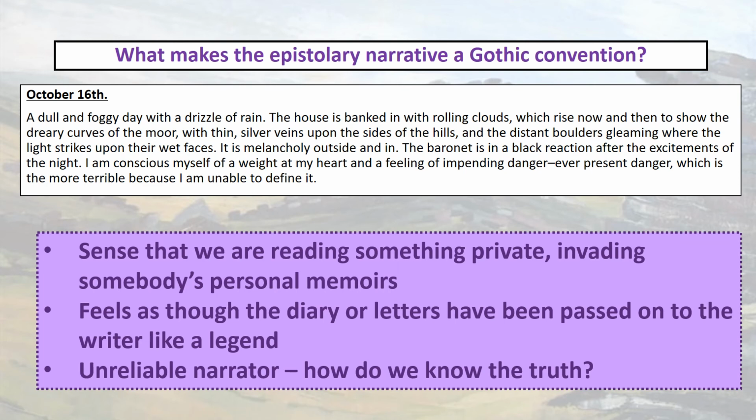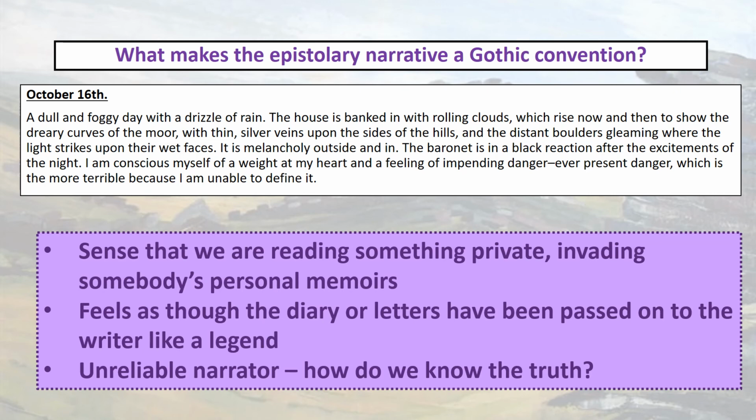We're able to doubt the narrator a little bit, because if this is something that they chose to record in their own personal diary, or that they chose to write to somebody else, how do we know that it's exactly truthful and accurate and factual? Because by the very nature of a first person account, we're bringing emotions and feelings into play, aren't we?